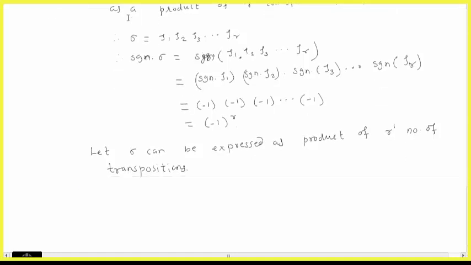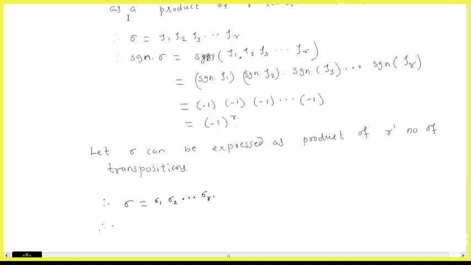Therefore sigma is equal to, take those transpositions as sigma 1, sigma 2 and so on sigma r dash.